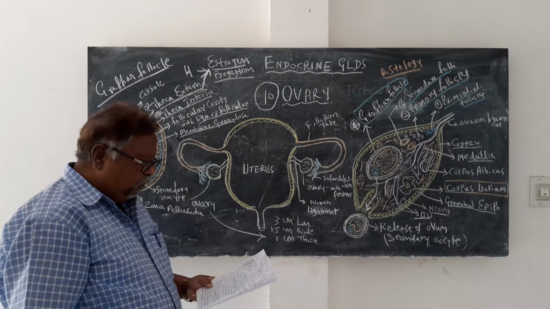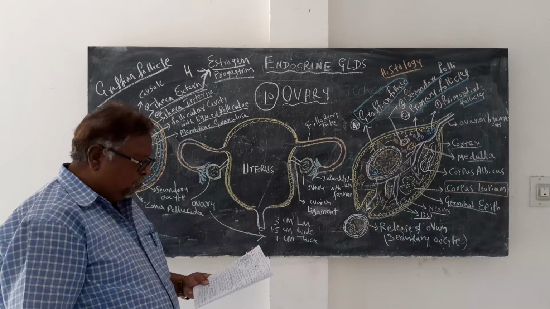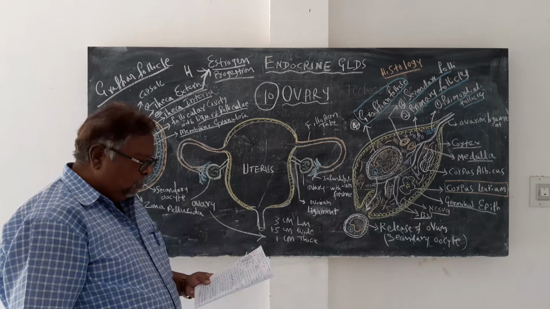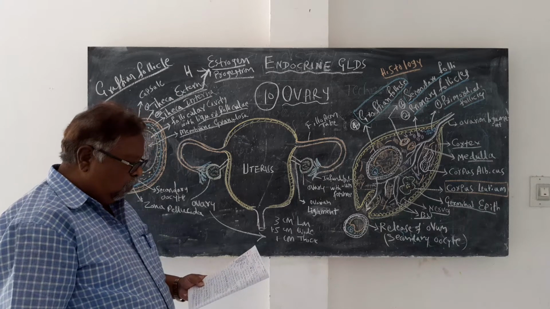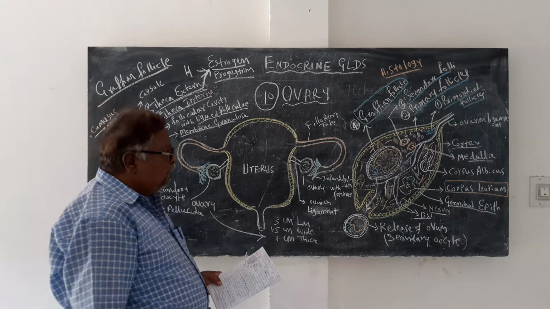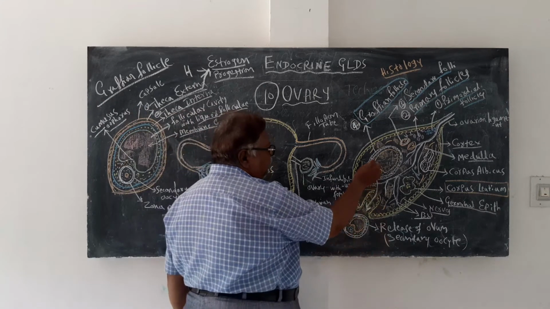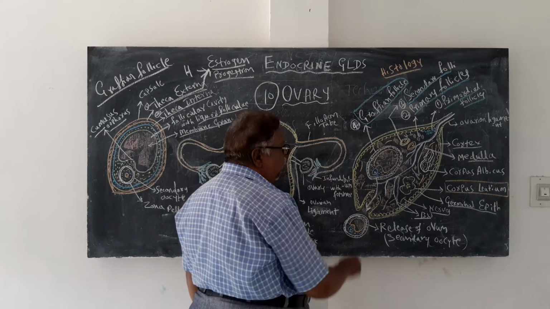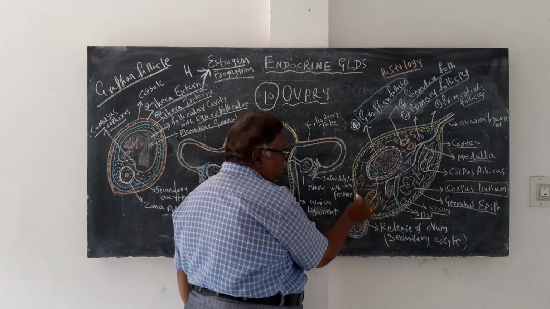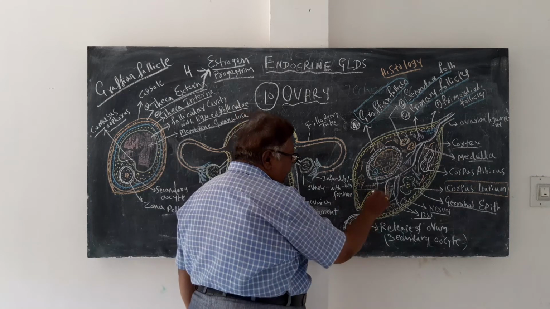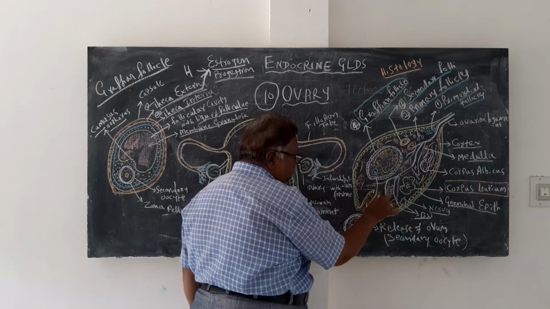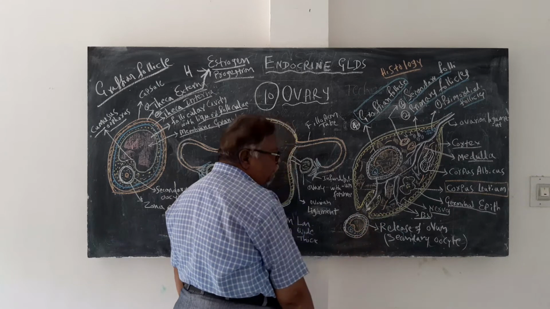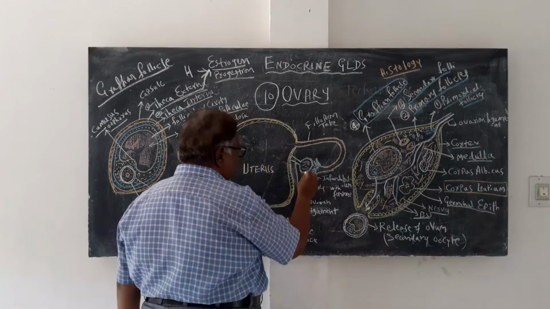The oocyte is surrounded by a membrane called zona pellucida. So when this Graafian follicle reaches its maturity, it comes towards the wall of the ovary and ruptures the wall, and the oocyte is thrown into the peritoneal cavity.